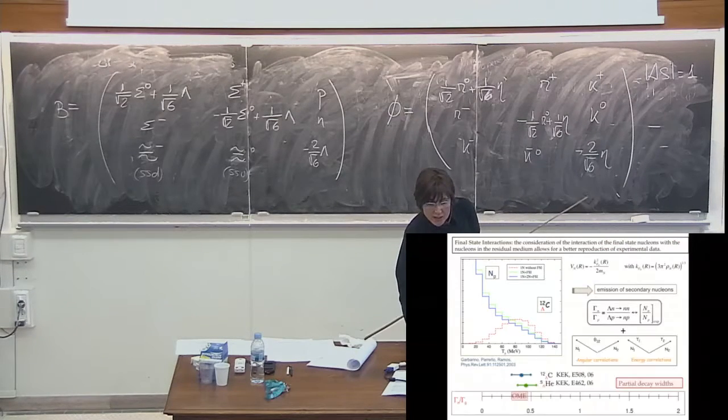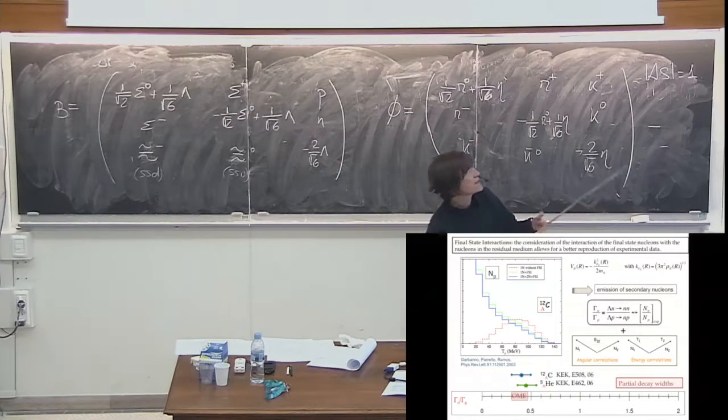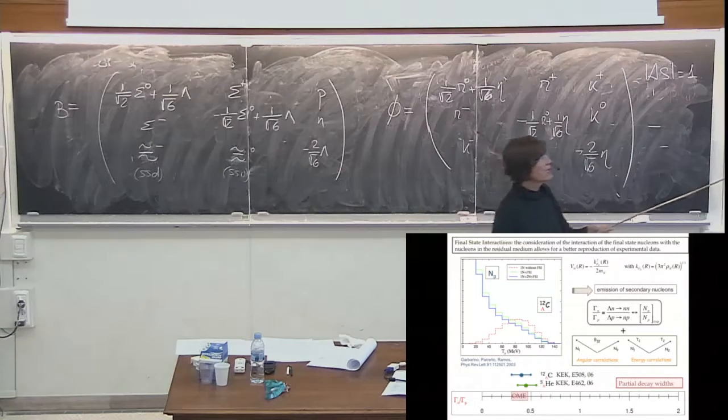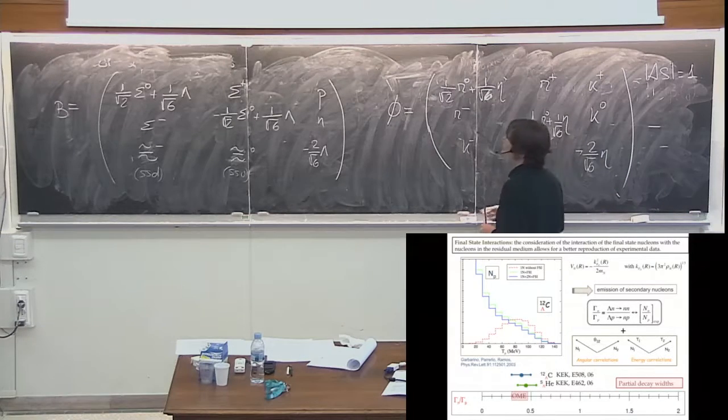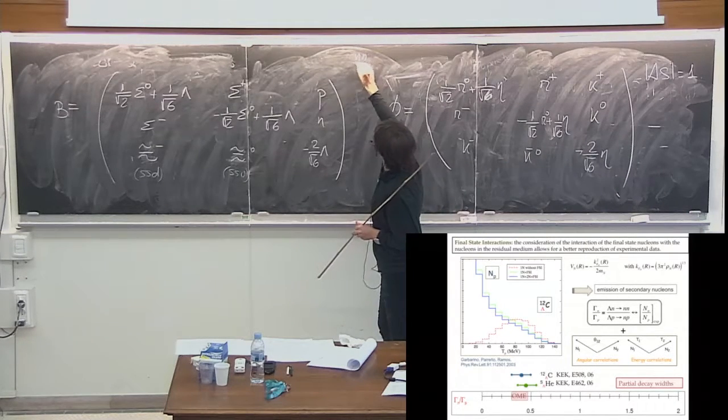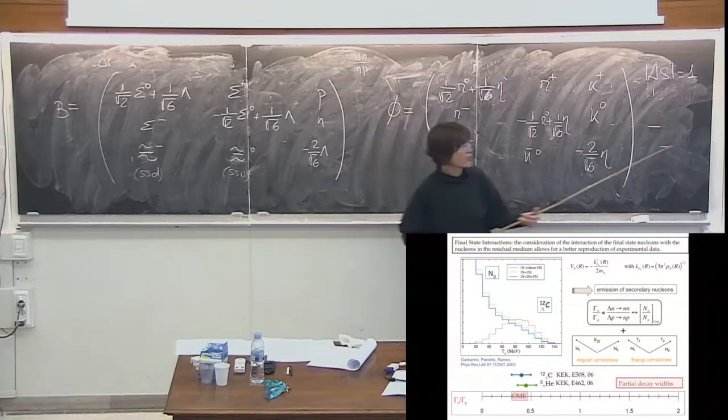And of course, as I told you, just don't look at this transparency in great detail, after taking into account the propagation of the nucleon through the nuclear medium, you also are able to agree in a quantity which is related to the ratio between neutron-neutron pairs and neutron-proton pairs, which is this ratio here, okay?